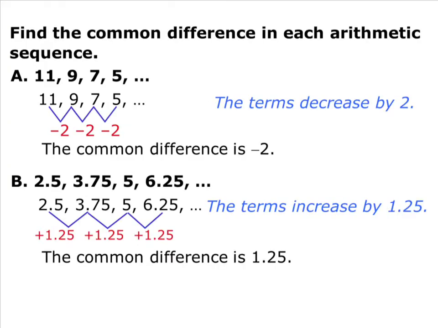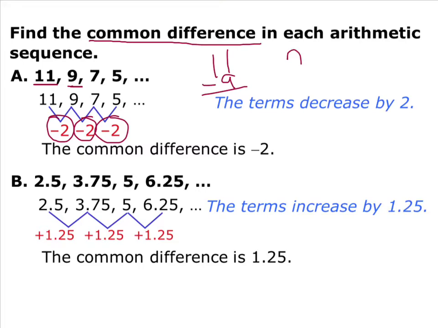Alright, let's take a look. These first 2 examples are talking about how to find the common difference, which is just the difference between each of these numbers here, okay? And basically what we do is we take the first one, like this 11 right here, and we subtract the value of the second one, which on this one, 11 minus 9 gives us 2.